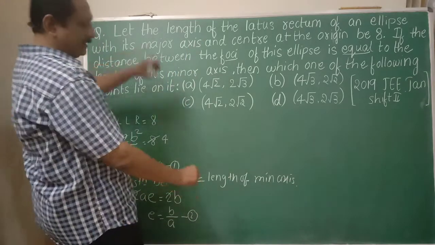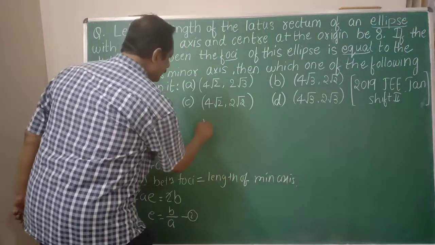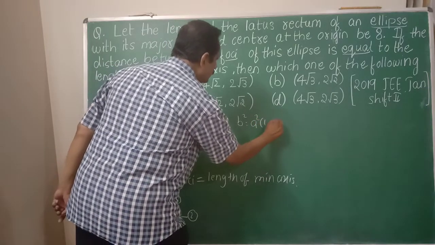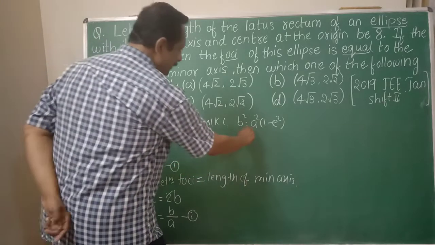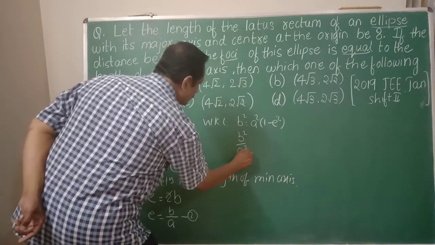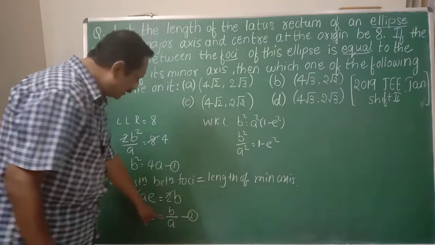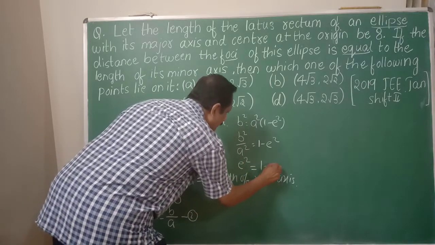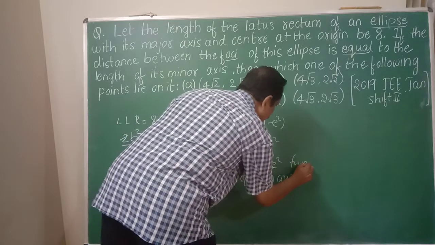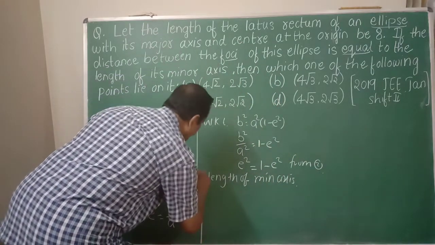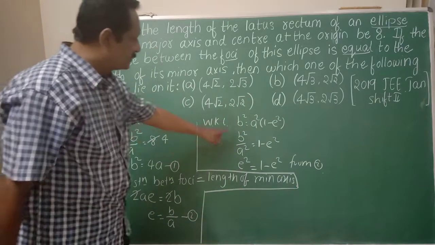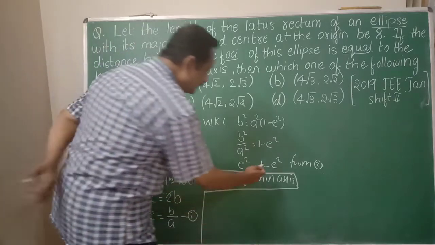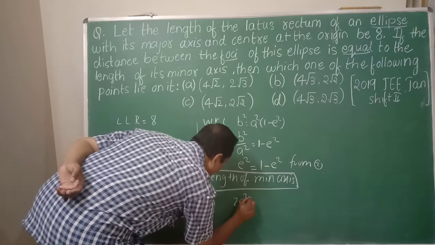It is an ellipse. According to the ellipse formula, b² is equal to a² times (1 minus e²). Take a² to this side: b²/a² is equal to 1 minus e². But we know that b/a is e, so b²/a² becomes e². So e² is equal to 1 minus e². Take e² to the left-hand side: e² plus e² is 2e², so 2e² is equal to 1.